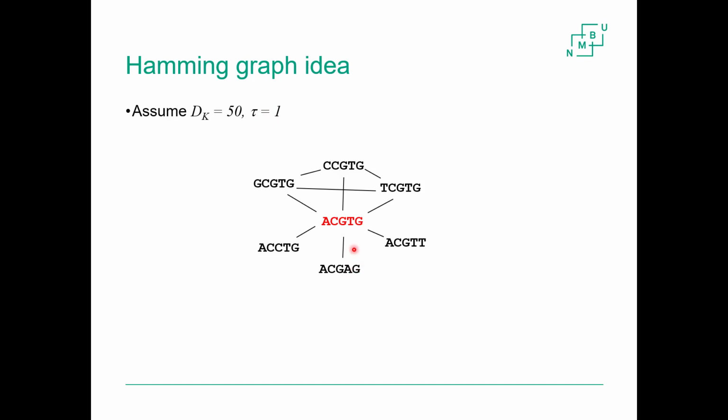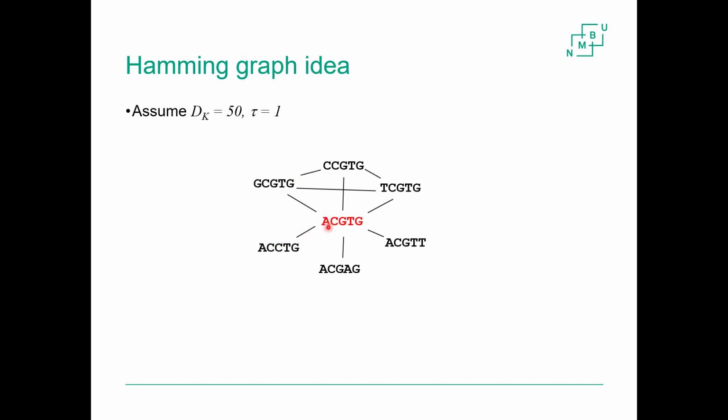So this is the idea of the Hamming graph: in a connected component like this you will typically have one k-mer which is the true one, the error-free one, and around it as neighbors you will have some variants due to sequencing error.